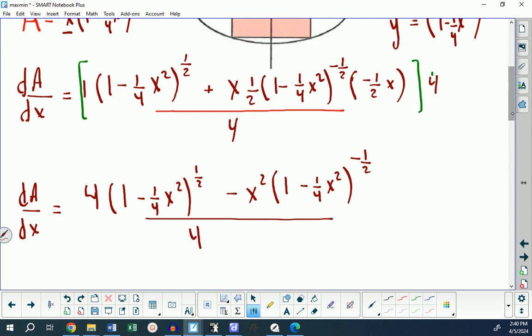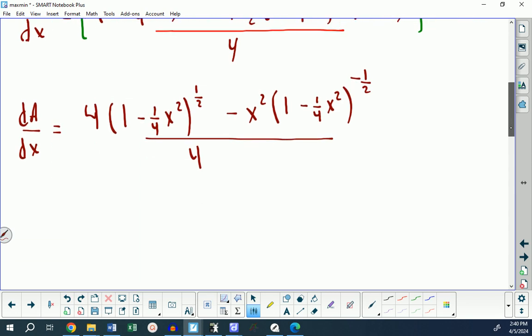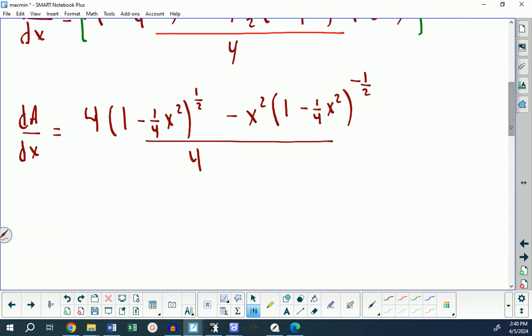I'm pretty sure that's fine. I think it is. I really do. So I can factor out 1 minus 1/4 x squared to the negative 1/2.